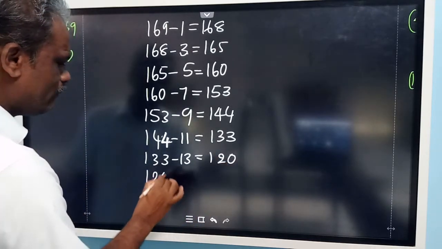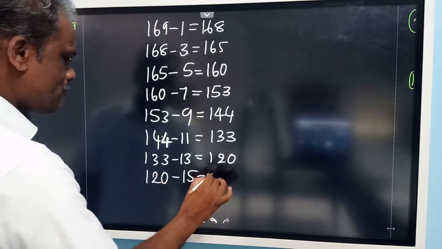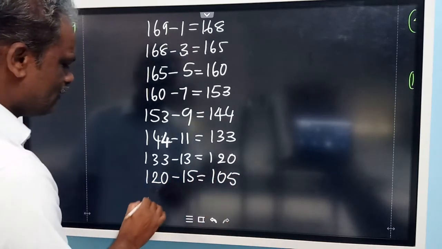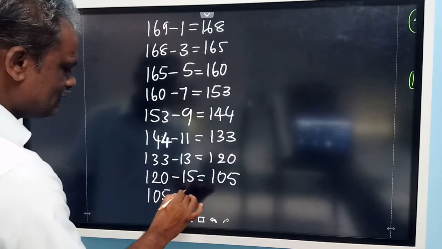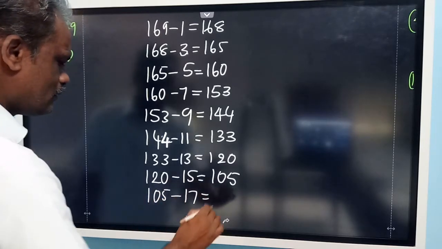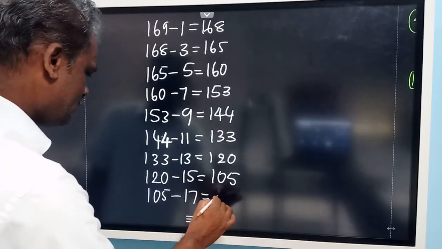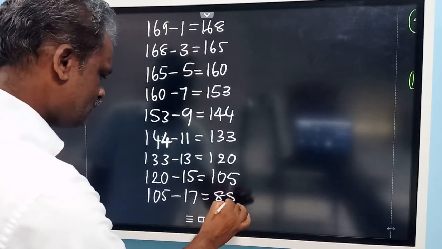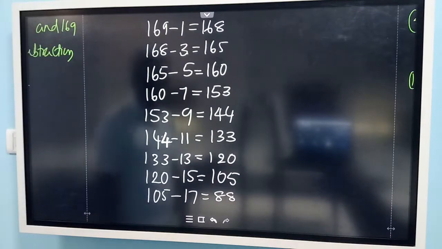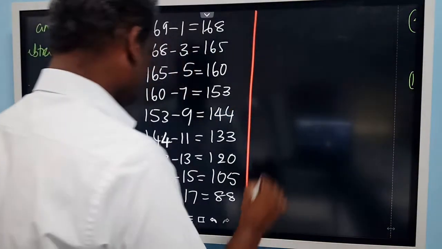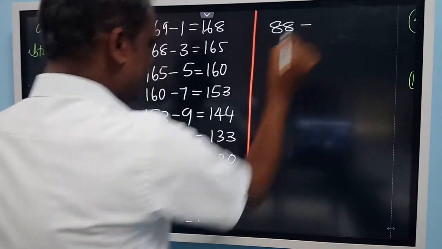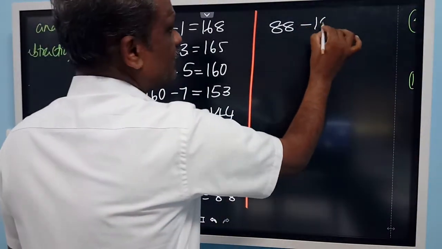Then 120 minus 15, 105. 105 minus 17, 88. Then 88 minus the next odd number, 19. What is the answer?